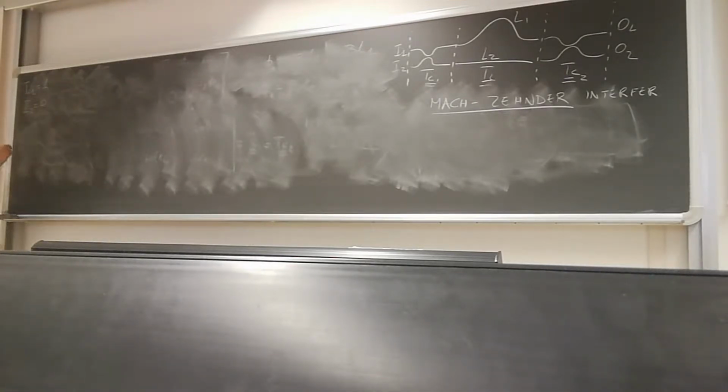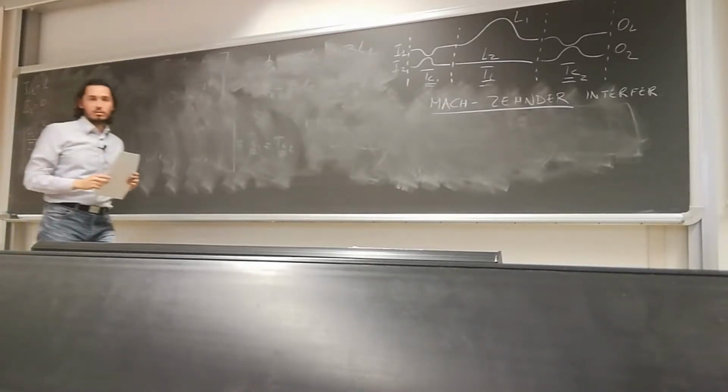And what I'm interested to see is the transmission from my input port 1 to output port 2. And then when I arrive at the end, here I take the square modulus.